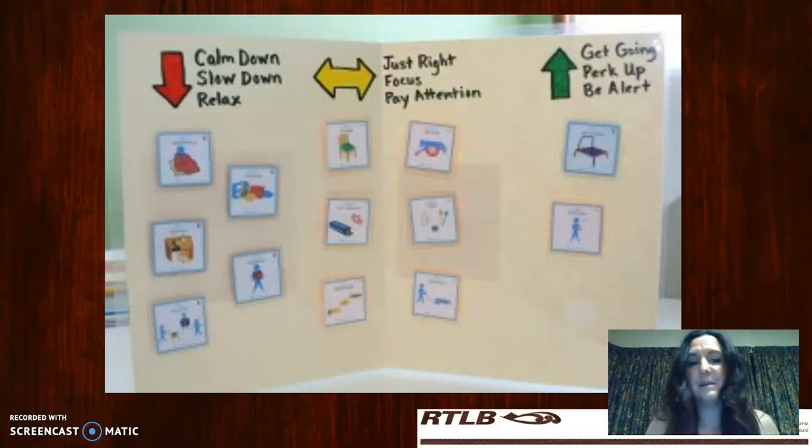If they need calming down, need relaxing, there's 5 activities for them to choose. If they're starting at just right, but they need a sensory break, then there's some just right activities to keep them in that space. Or if they need to be alerted, then there's a couple of activities there as well that they can choose from. So this is something to help with independence and self-modulating.